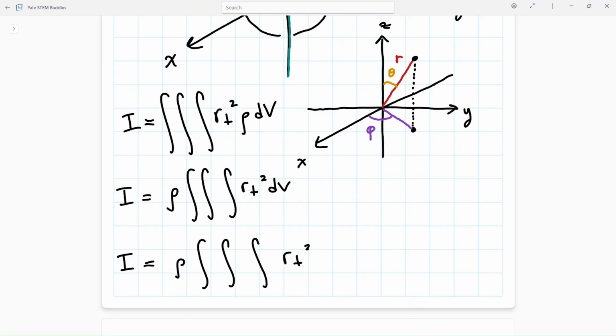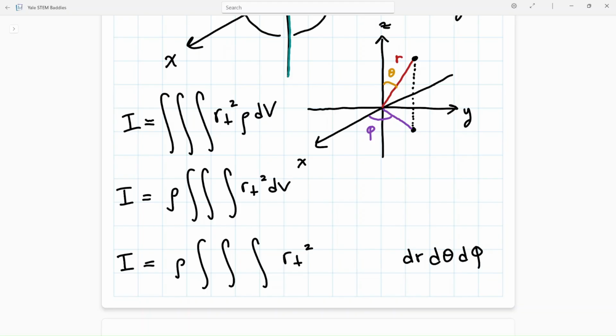Okay, perfect. And then we're going to represent this dV in terms of spherical coordinates. So instead of dV as dx dy dz in Cartesian coordinates, let's do it as dr d theta d phi. But remember, because we're not using Cartesian coordinates, we also have to scale the guts of this integral by some Jacobian factor.